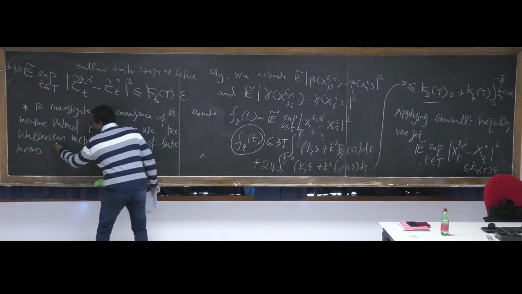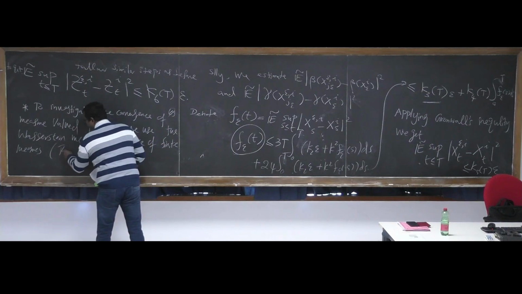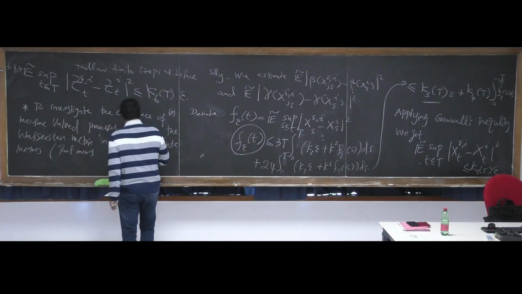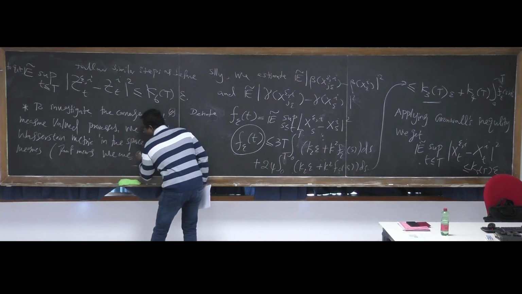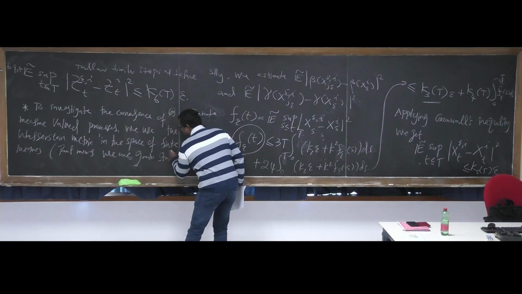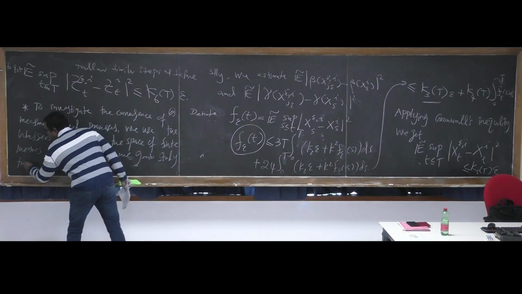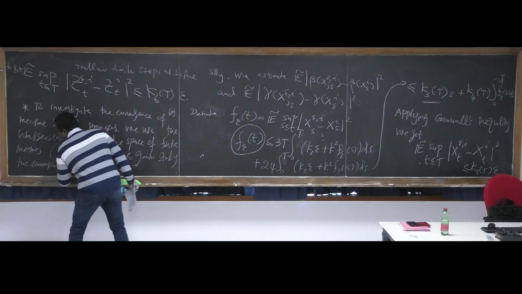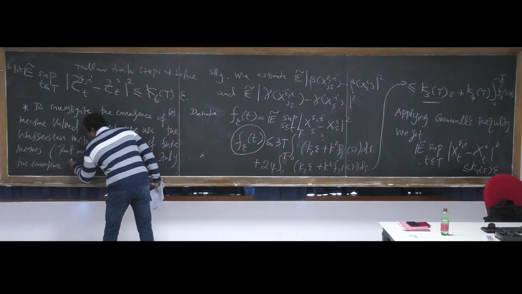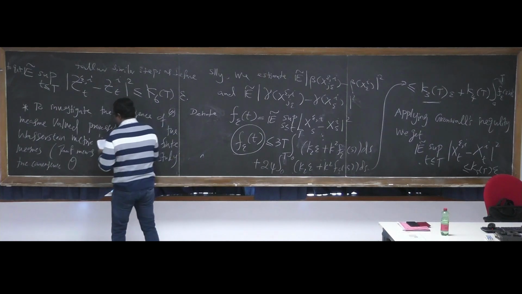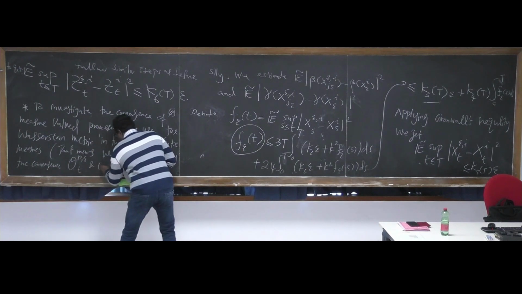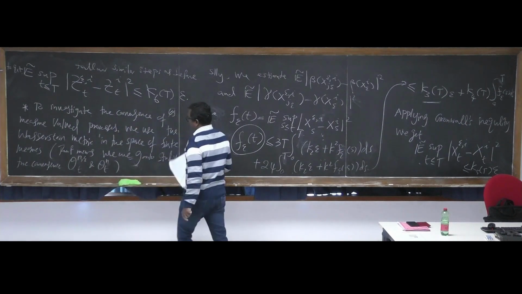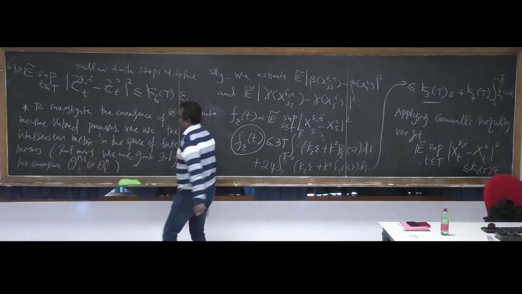That means we are going to study the convergence, or the error bound, of θ^{n,ε}_t and θ^n_t.